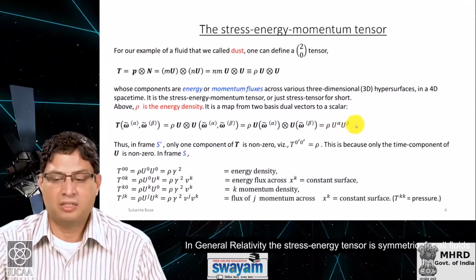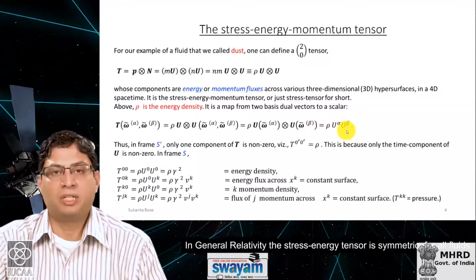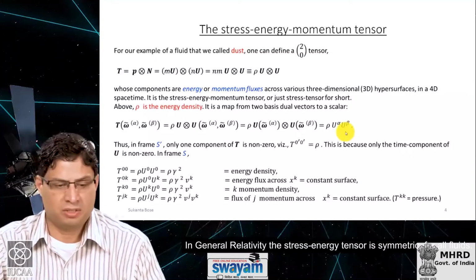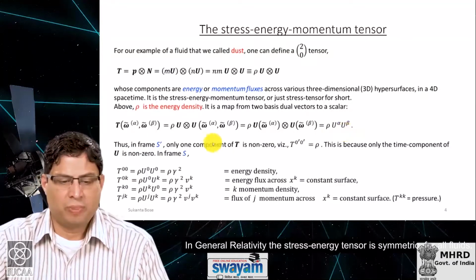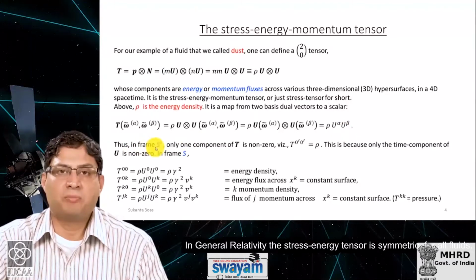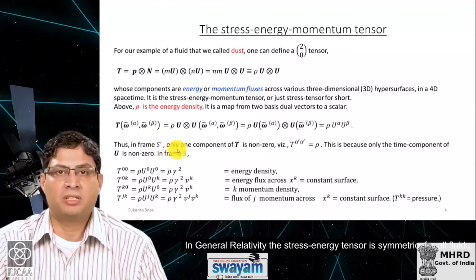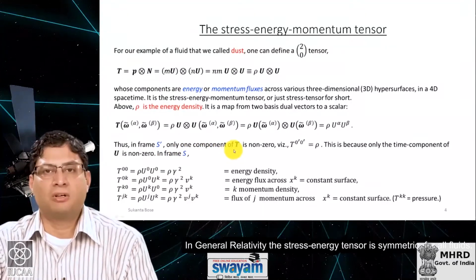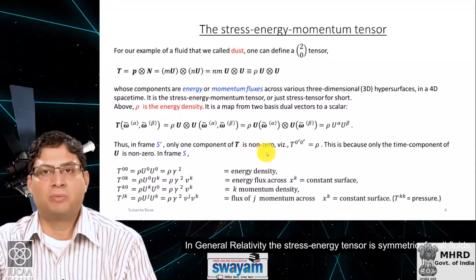So, this is then the component of the stress tensor for the dust particles that we just described. In frame S prime, which is the proper frame for that collection of dust particles, only one component of this stress tensor is non-trivial, which is, of course, T 0' 0'.